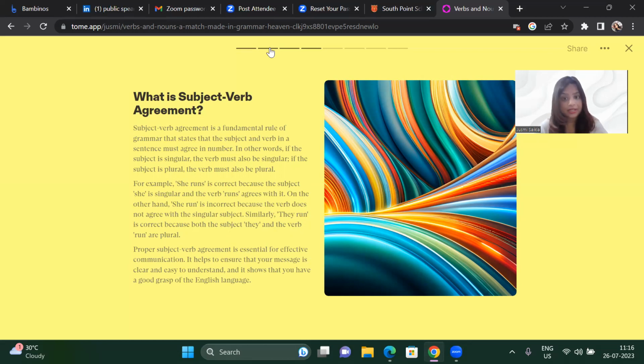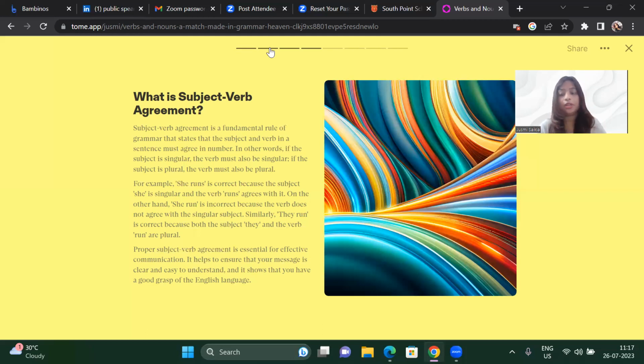She runs is correct, because the subject she is singular, and similarly the verb runs agrees with it because both of them are singular in number. On the other hand, she run is incorrect because the subject she is singular, but the verb run is plural. So you cannot put a singular subject with a plural verb. Okay, that's why it's wrong.